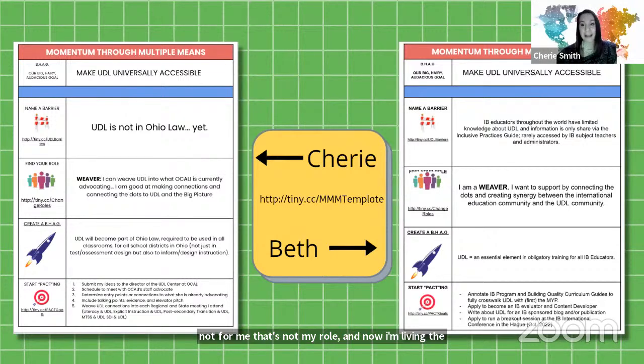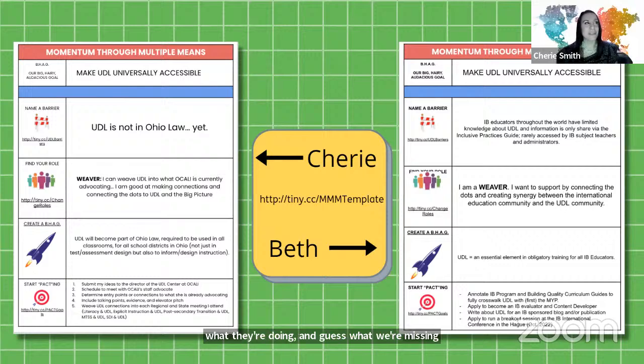And especially in Ohio, we've seen a number of things passed that are really causing schools to look at their practices and put some changes in place. We had some movement in dyslexia, PBIS, attendance, graduation, and it's causing schools to really look at what they're doing. And guess what we're missing? Universal design for learning.